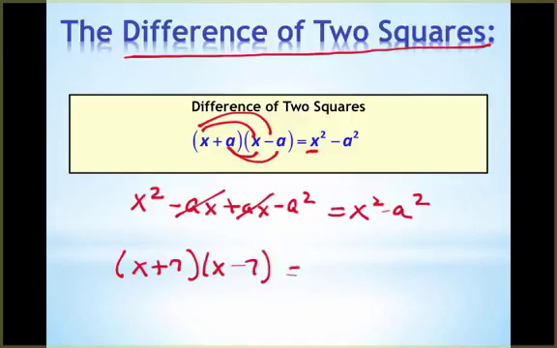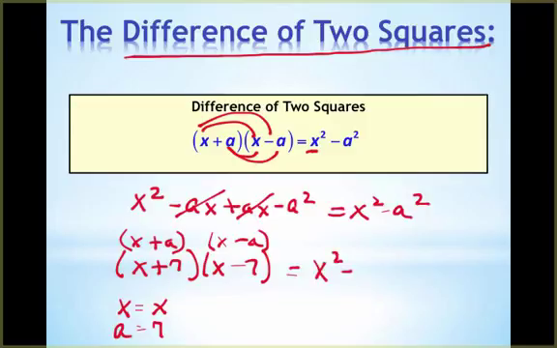Since those are both the exact same terms, but the signs between them are different, our x from our formula would be the variable x, and our a would be 7. So we'd have x plus a, x minus a. And so we know that the product of that would be x squared minus a squared, which would be 7 squared, which is x squared minus 49.